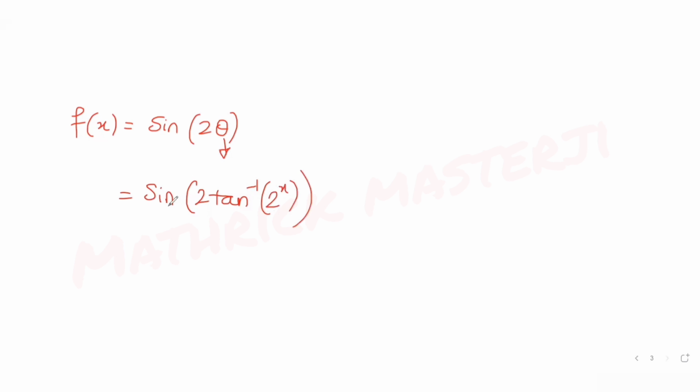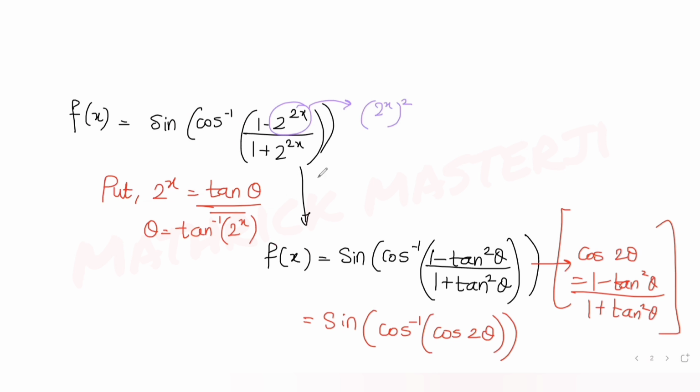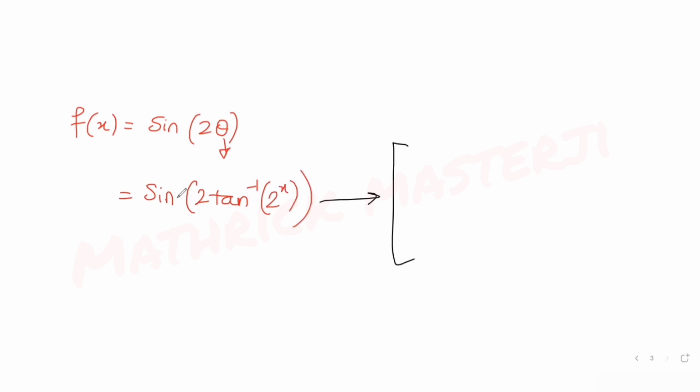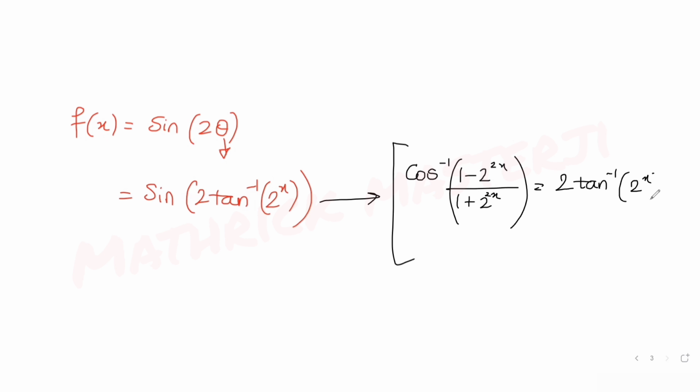Previously the function was sine of this entire thing, and I can just write that as 2 tan inverse of 2 raised to x. So I transformed cos inverse of (1 minus 2 raised to 2x) upon (1 plus 2 raised to 2x) as equal to 2 tan inverse of 2 raised to x.